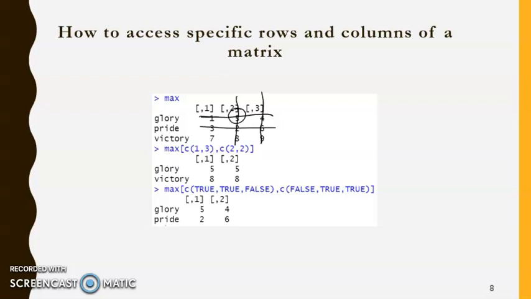So what are the items now? 5, 4, 2, 6. As you can see, the logic is here. Please practice it and try to change this true to false or false to true and check the results and see if it is complying completely with your understanding.